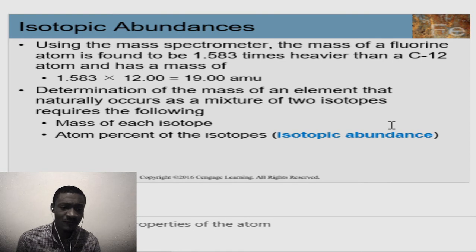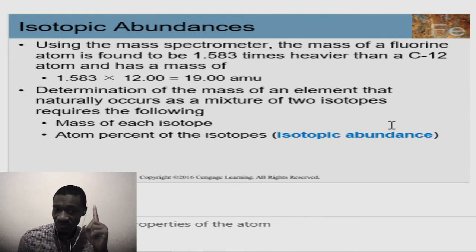To now determine the mass of elements that naturally occur as a mixture of two isotopes, you now require to know the mass of each isotope and the atom percent of the isotopes, which is your percentage abundance.